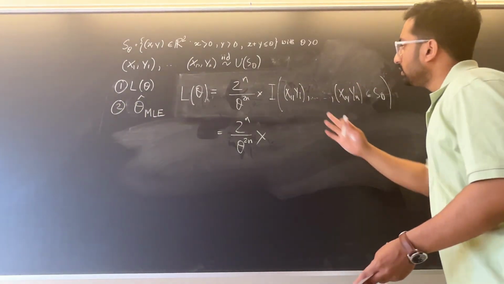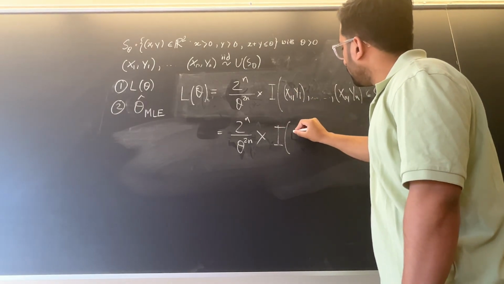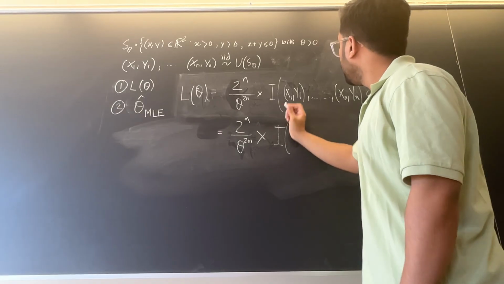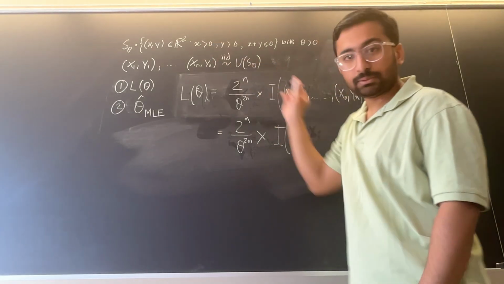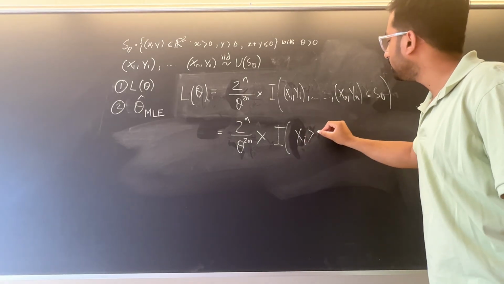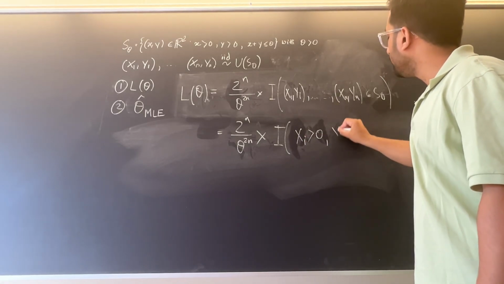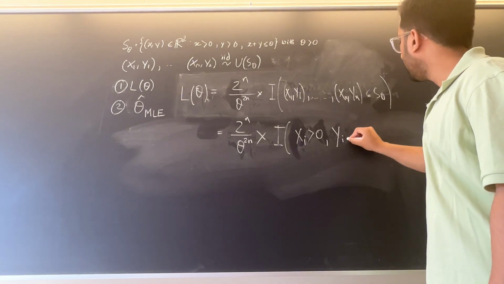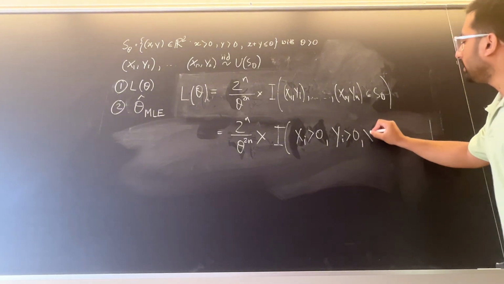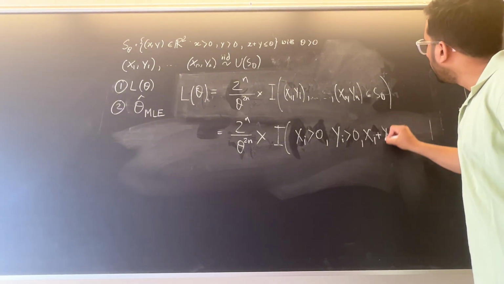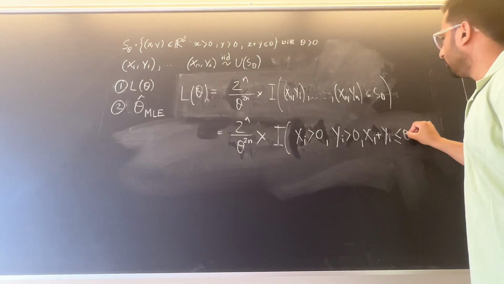So what does this mean? Let's rewrite this. It means the indicator that all the xi's are greater than 0, all the yi's are greater than 0, and all the xi plus yi are less than or equal to theta, all of them.